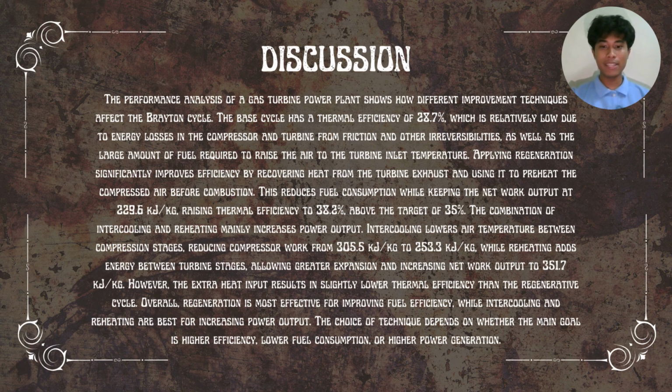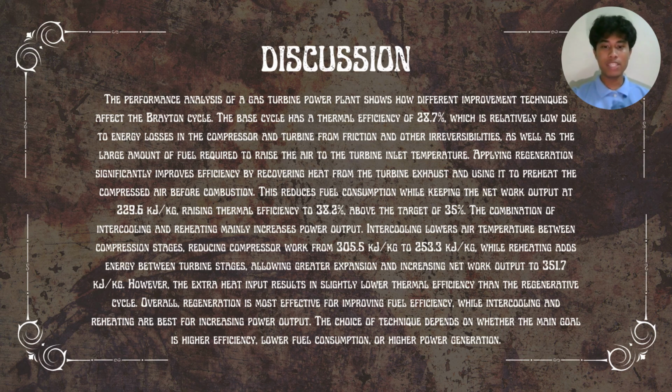I will be presenting the discussion part of our gas turbine power plant analysis. In this section, I will explain how the different improvement techniques affect the performance of a gas turbine based on the Brayton cycle. First, looking at the base cycle, the thermal efficiency is 28.7%, which is relatively low.